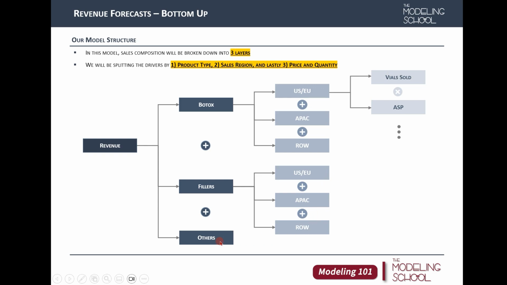And we can see that for other products, the cosmetics products, we're not going to split it further just because it's not very important and it's not worth it to split it and give analysis to it. So we're going to keep the other segment relatively simple, but we're going to put in a lot of effort into forecasting Botox and filler products. So remember this model structure, and let's go to our Excel spreadsheet and structure our financial model.